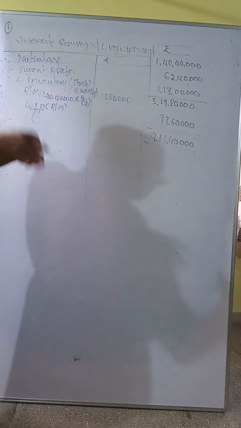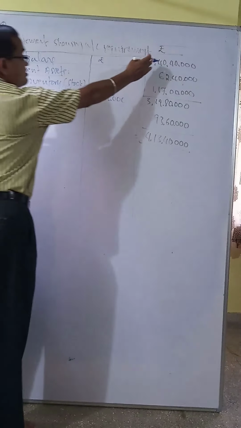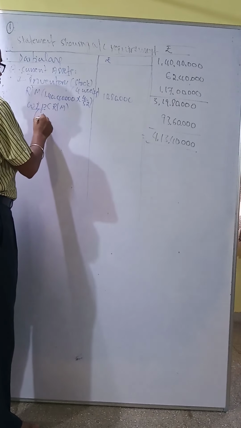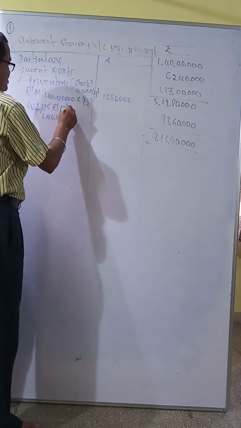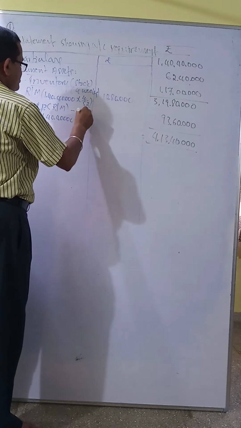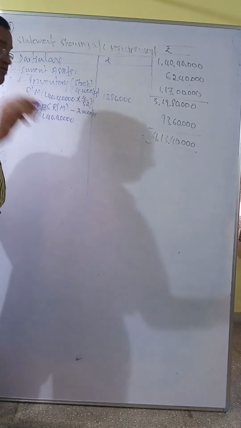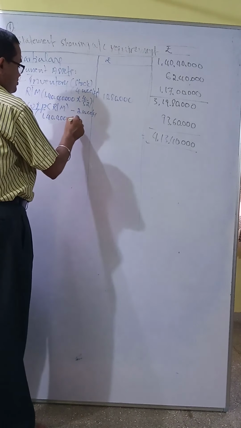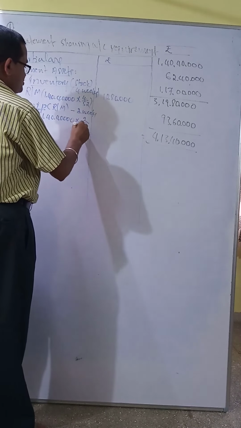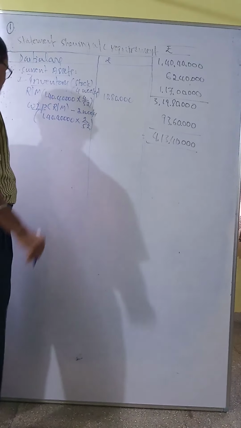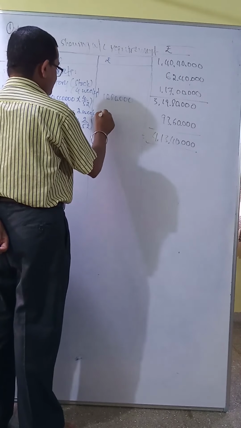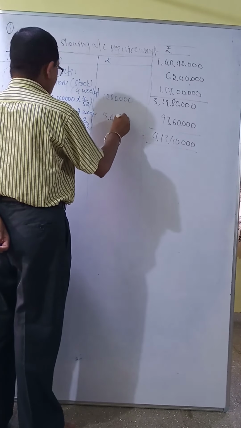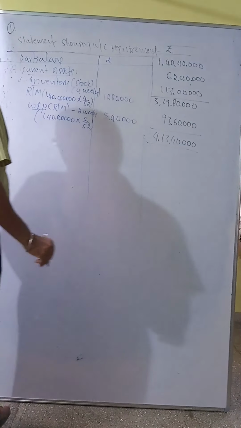They are converting raw material into finished goods, so you have to take raw material cost again: 1 crore 40 lakh 40,000 into 2 by 52. So you get 5 lakh 40,000 as work in progress.